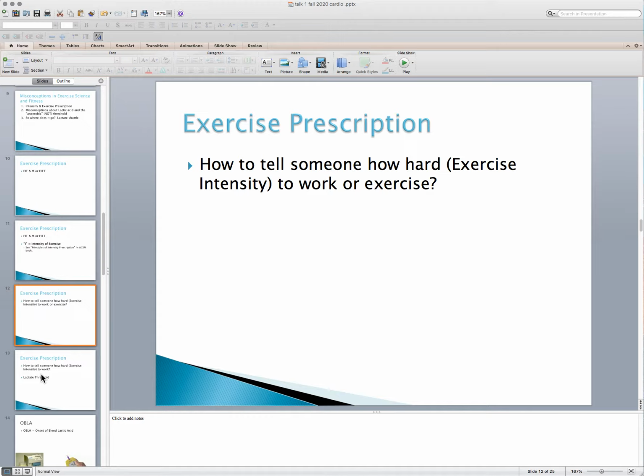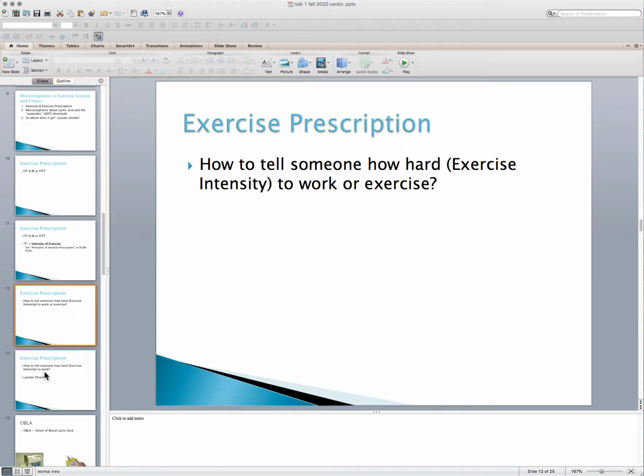So you could ask somebody to, in this case, bike at a certain power output. As I mentioned in the short video, we have some stride power meters. So you actually could ask someone to run at a certain power output if they had a stride power meter. So ways to prescribe exercise intensity: heart rates and power.